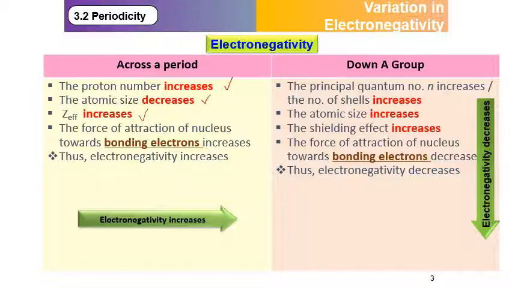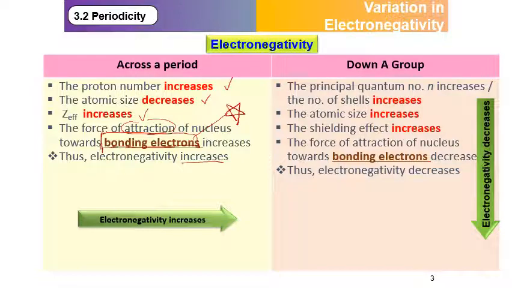When the effective nuclear charge increases, the attraction between the nucleus and bonding electrons also increases. You see, we are explaining according to the definition, so in your explanation you have to emphasize bonding electrons.